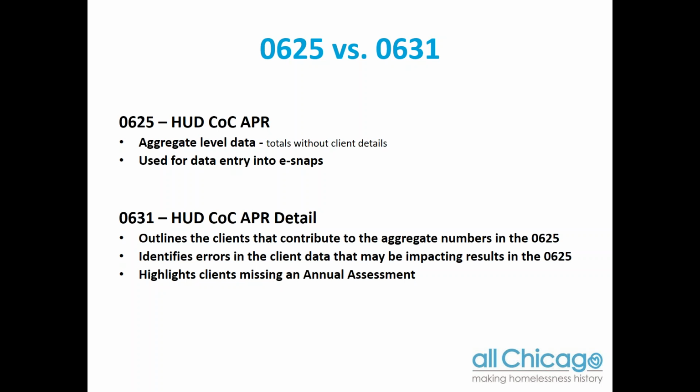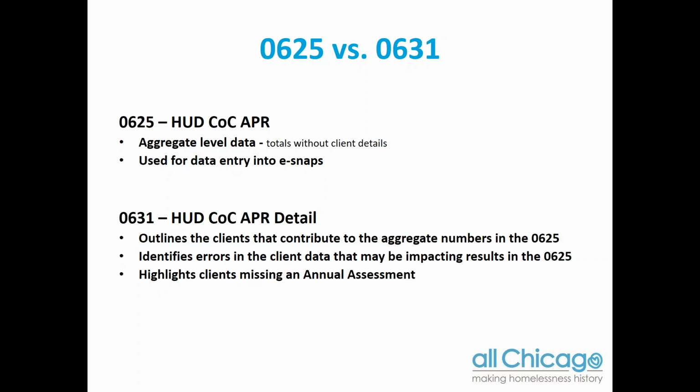Those ones that are serving clients for 365 days and longer are expected to do an annual assessment every year. And there is actually an expectation that that annual assessment is done within a 60-day window of 30 days before or 30 days after the anniversary date of the client entering your program.